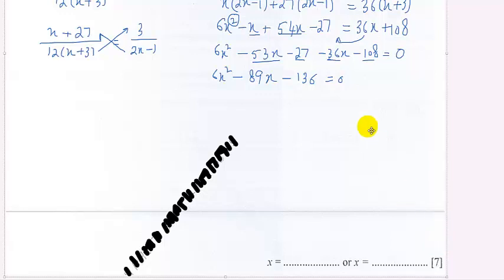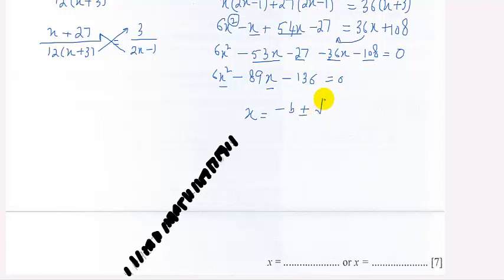Okay, so let me use the quadratic formula now. Here we have x. So the quadratic formula is x is equal to minus b plus minus square root of b squared minus 4ac, whole divided by 2a.